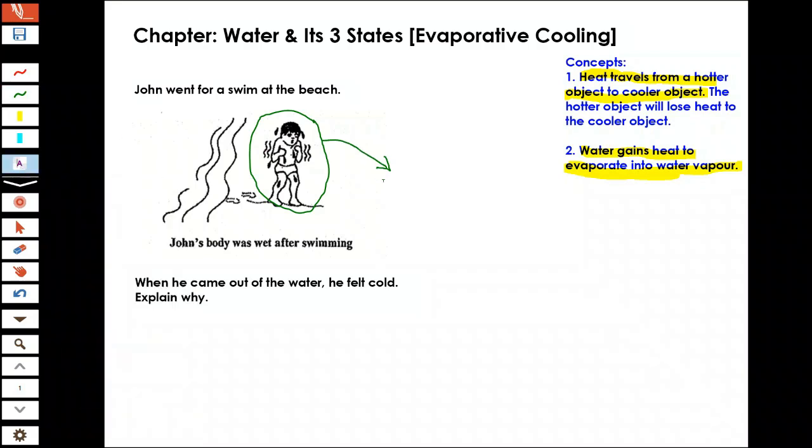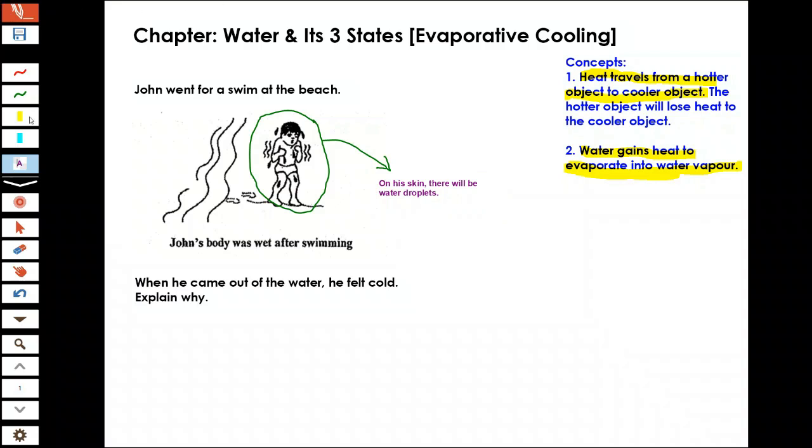Basically, his skin will be wet. I think all of us experience that. It's quite impossible for somebody to swim in water and be very dry when they step out of the water. So there will be water droplets on his skin.